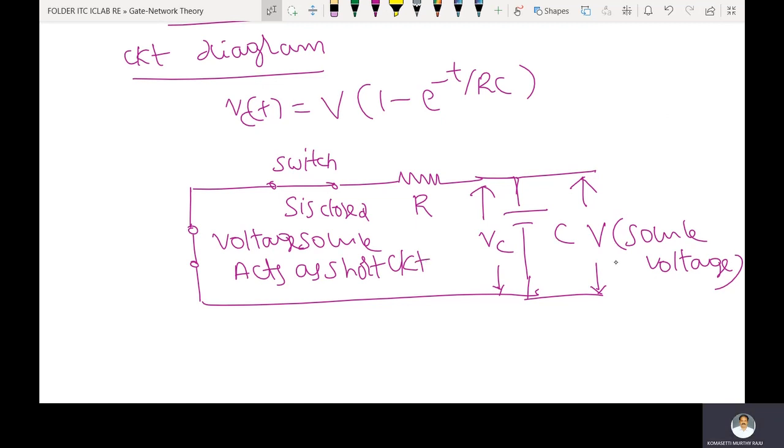The capacitor is charged to source voltage V as shown in the figure. The capacitor here acts as a voltage source, and the capacitor is discharged through resistor R.